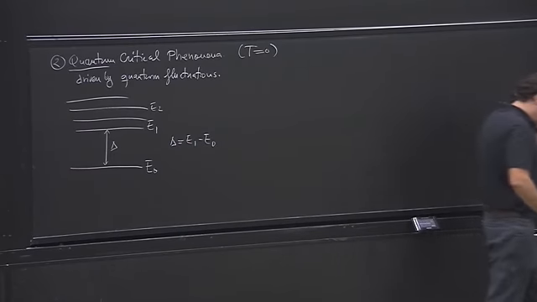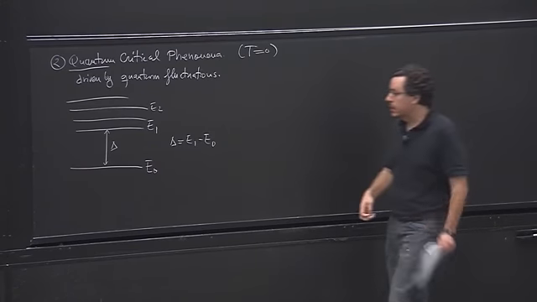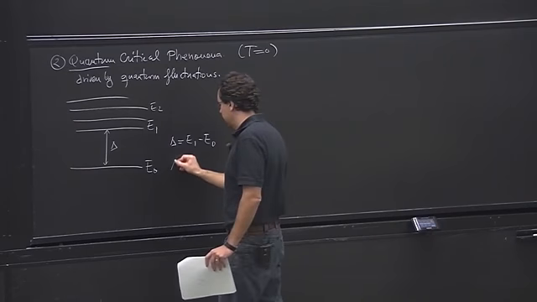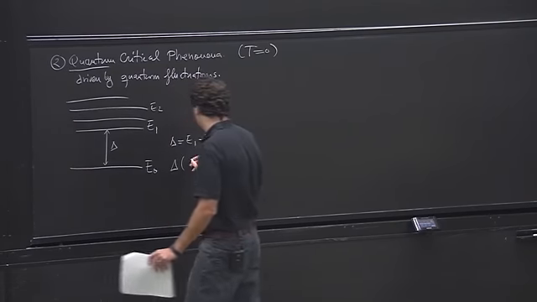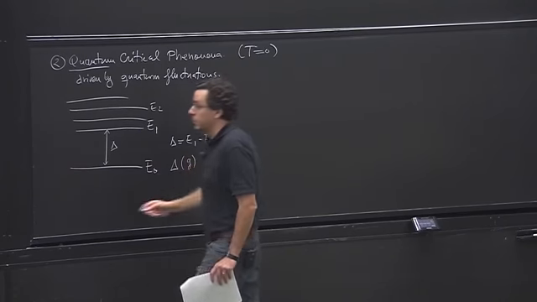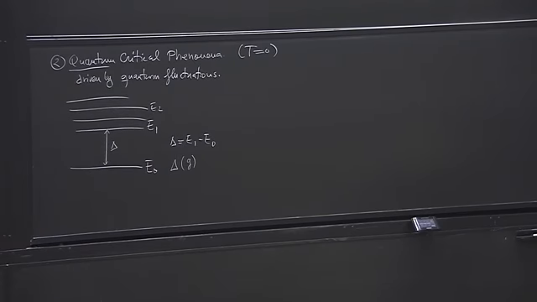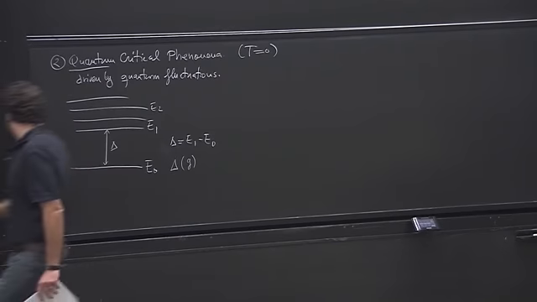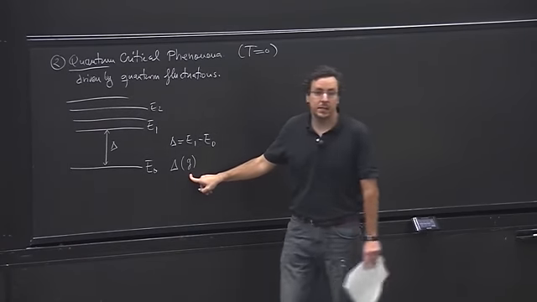Now, what can happen in some quantum systems is that this delta is a function of some control parameters, g. So here also you had control parameters, right? You had temperature, you had pressure, you had magnetic field. Here you also can have some control parameters like magnetic field.